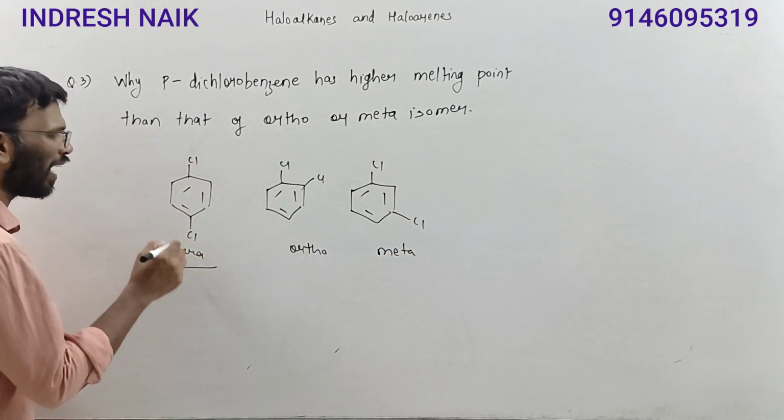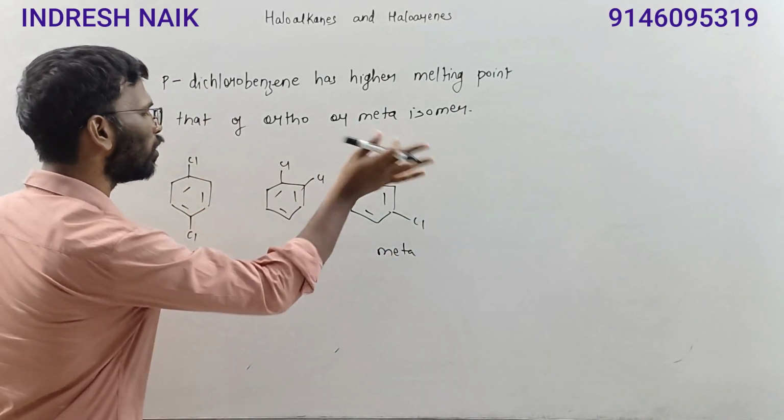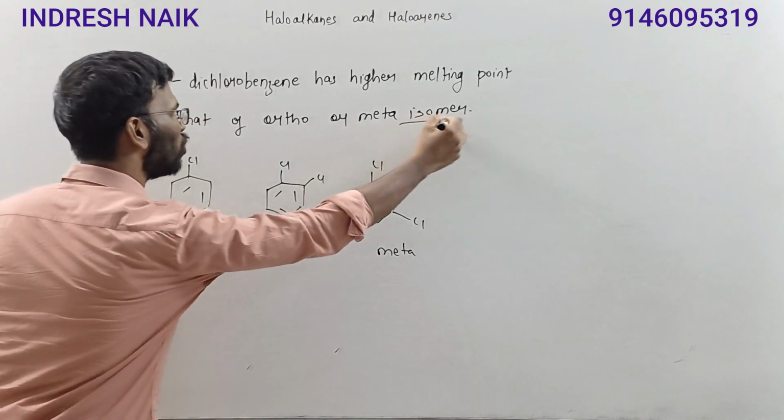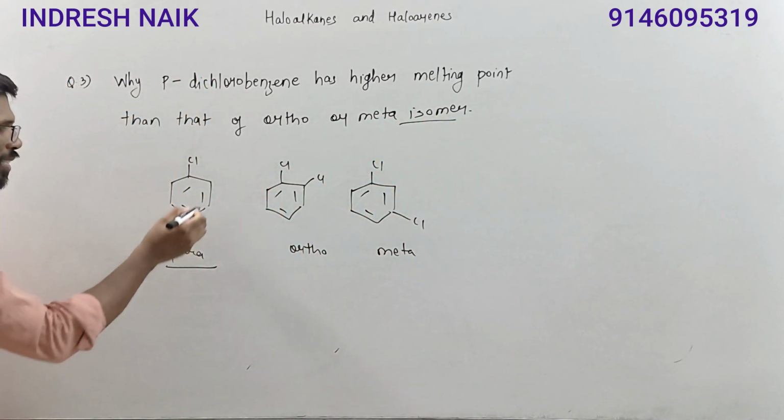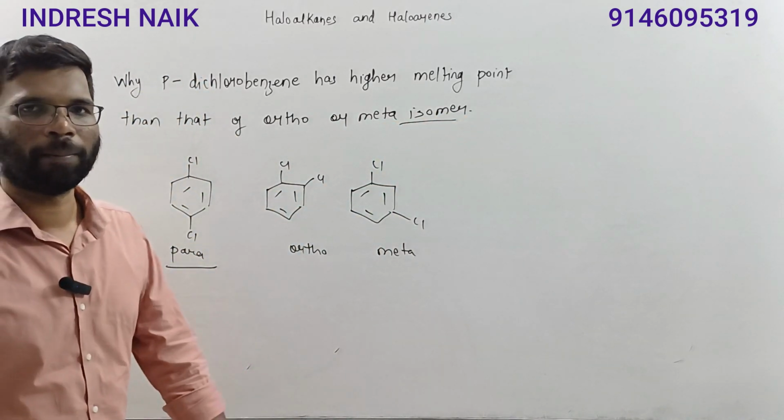Isomers have the same molecular formula but different structural formulas. That is what isomer means. So para-dichlorobenzene has a higher melting point.